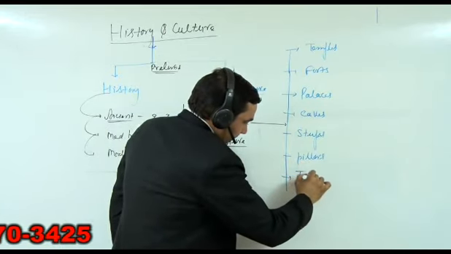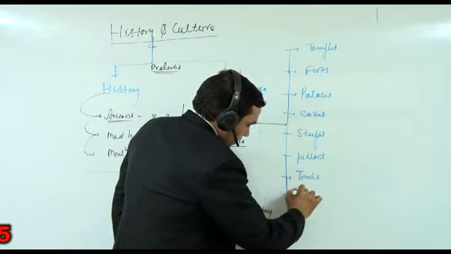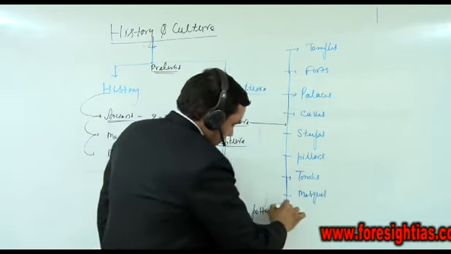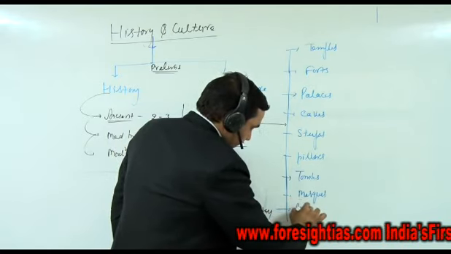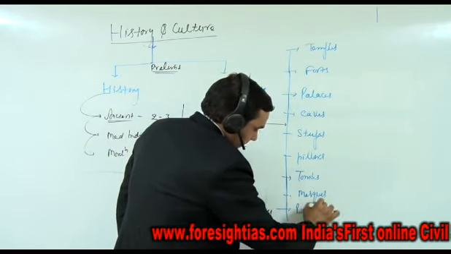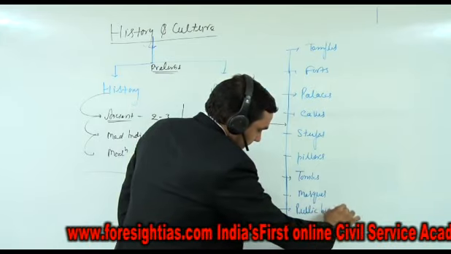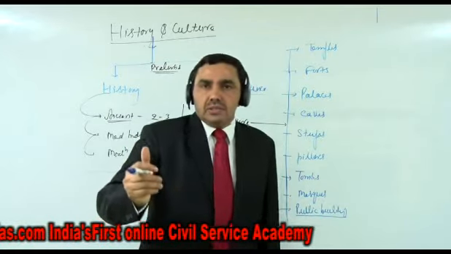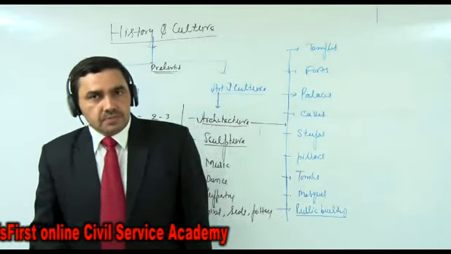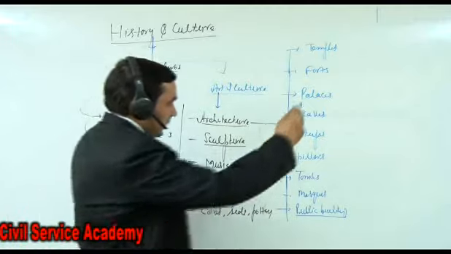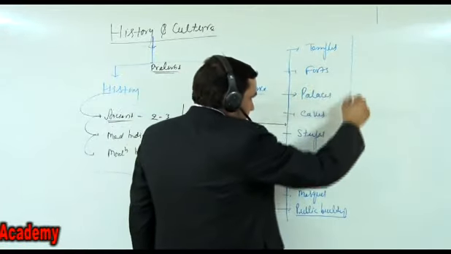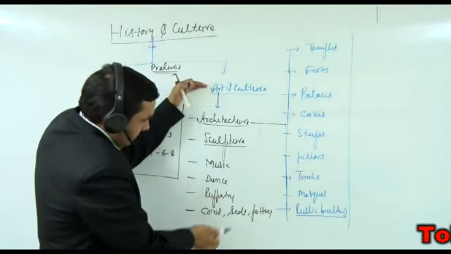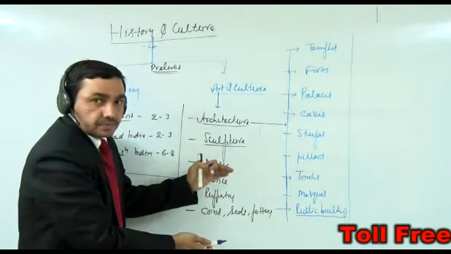If we get to medieval age, tombs, mosques are extra stuff here, and public buildings, because most of the modern architecture is in the form of public buildings, say railway stations, museums, government houses, university houses, courts. All these are the important components of architecture. Means when you look at architecture, you have to study these dimensions. When you look at art, you have to study all these dimensions in detail.